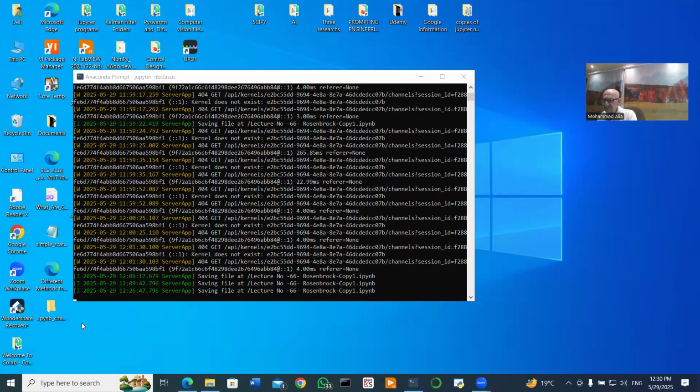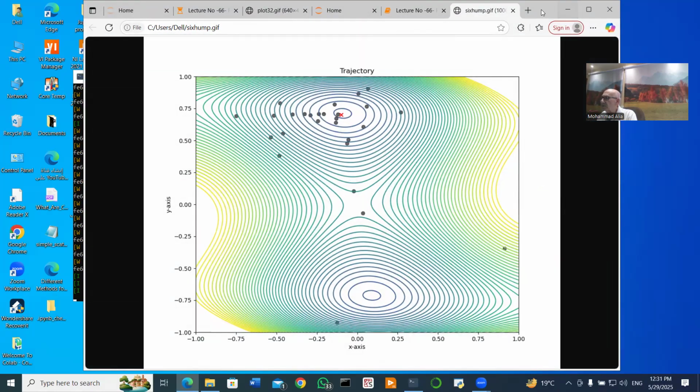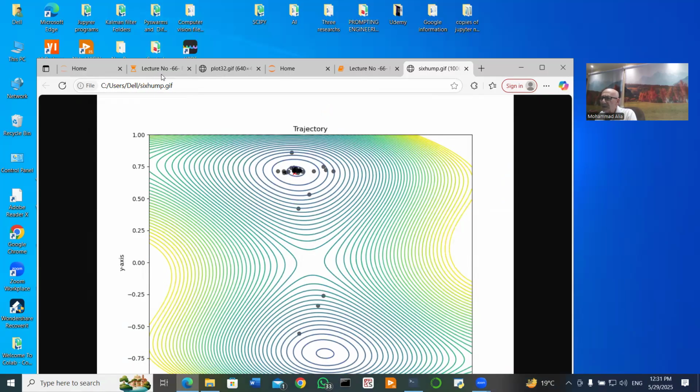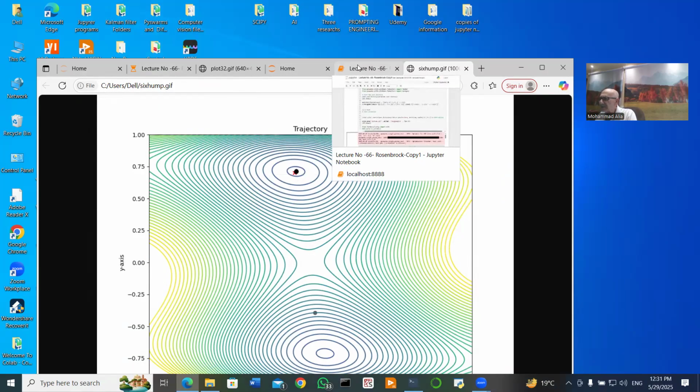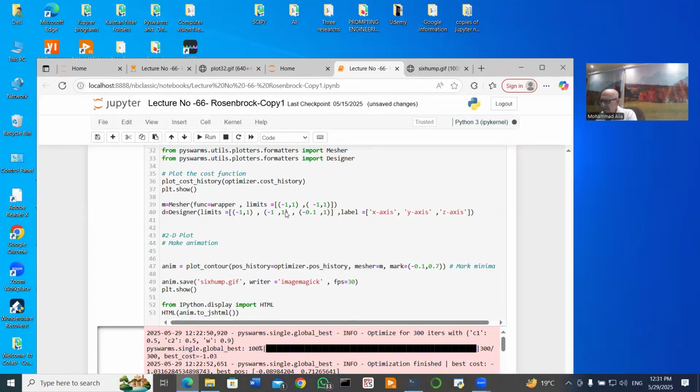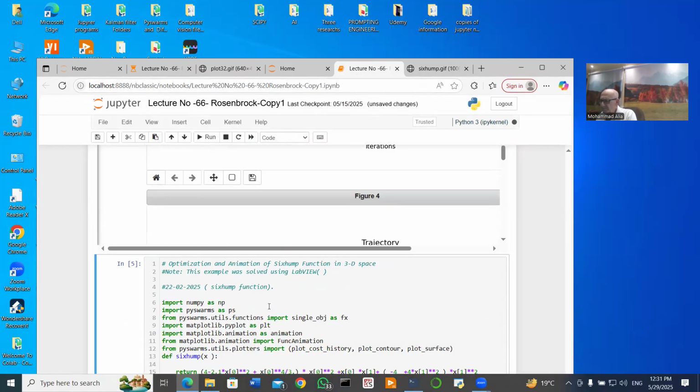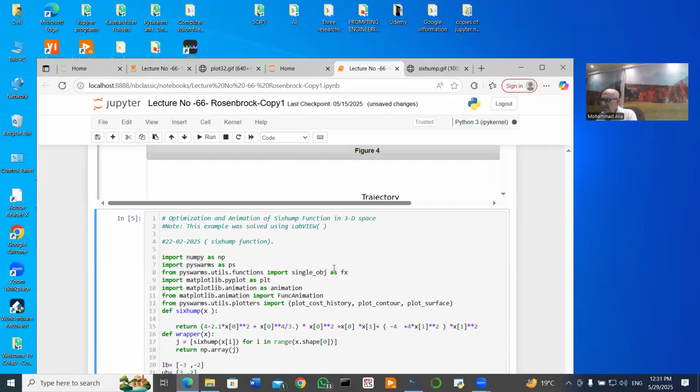Now, what is left, I want to show you, I want to go to the lecture, and here now, the title, Optimizing and Animation of the 6 hump function in 3D space.